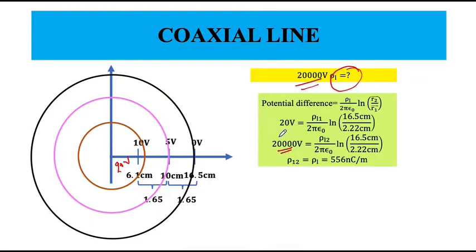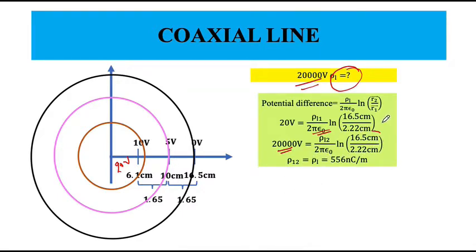You can show that for 20 volts with a 16.5 centimeter to 2.2 centimeter coaxial cable radius, the line charge density and the medium are related according to this expression. If the potential has to be 20,000 volts at the conductor, my rho L2 will be the new line charge density, which would be 2 pi epsilon naught times the same expression, which will not change, still 16.5 by 2.2 centimeters.